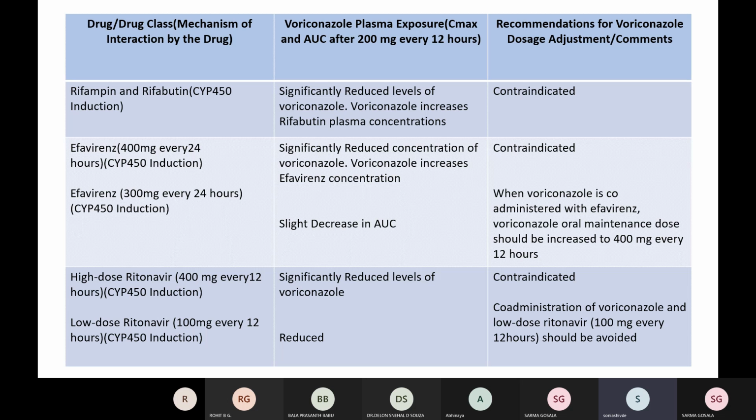We should not give. Coming to protease inhibitors, high dose ritonavir as well as low dose ritonavir. You see on the right side, ritonavir 400 mg is contraindicated, but low dose ritonavir also should be avoided ideally, because of significant reduction in the level of voriconazole, which will decrease the efficacy.